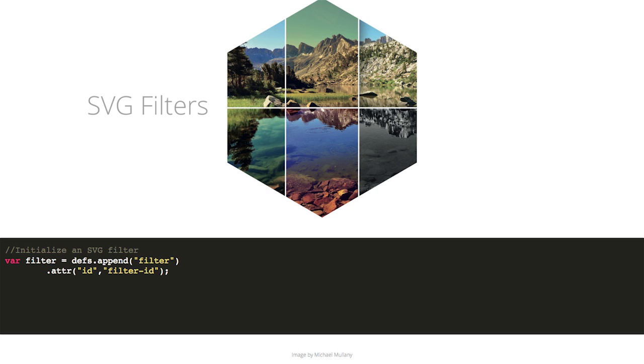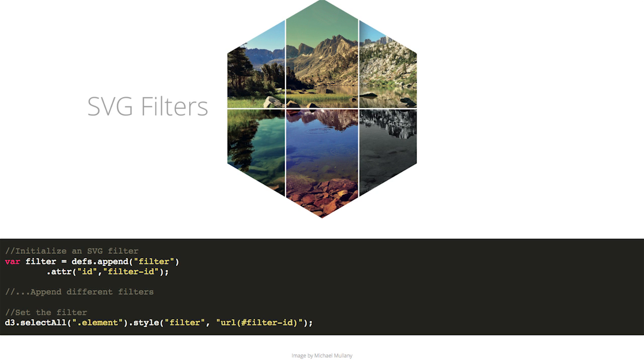Then comes the magic part, where a specific combination of filters can create a result that you might have never expected. The good thing is that usually you can copy this piece of code from visual to visual and you don't have to make any changes if you don't want to. Finally, if you want to apply the filter, select your element and set the filter style by referencing that unique ID.